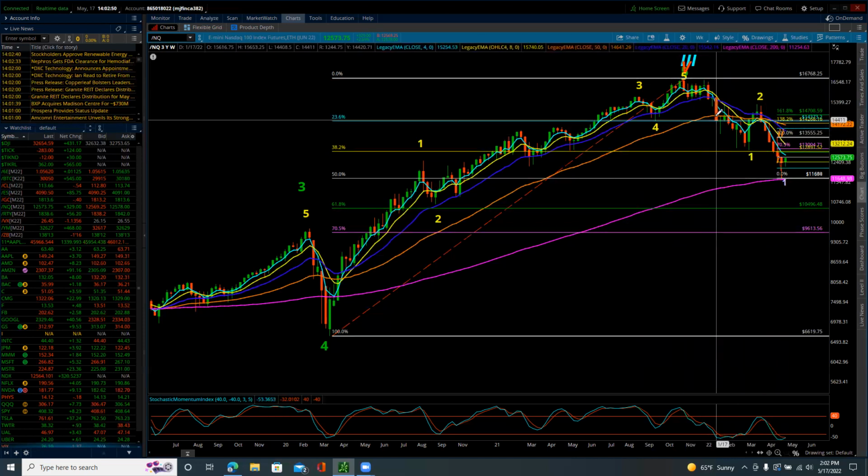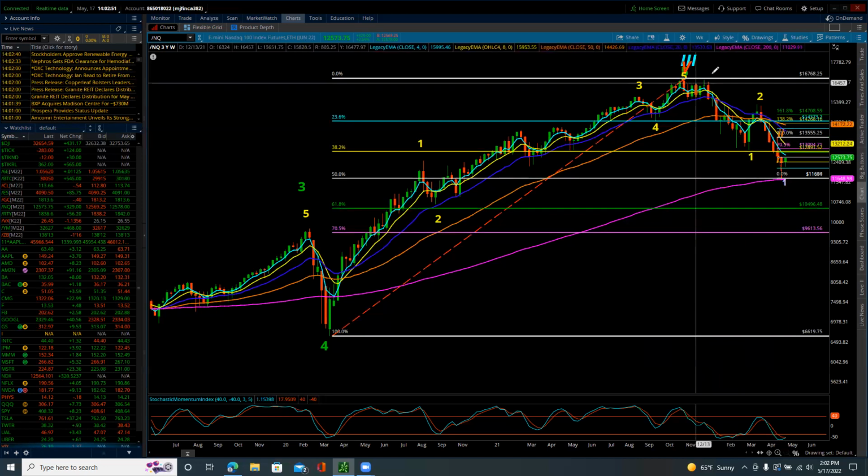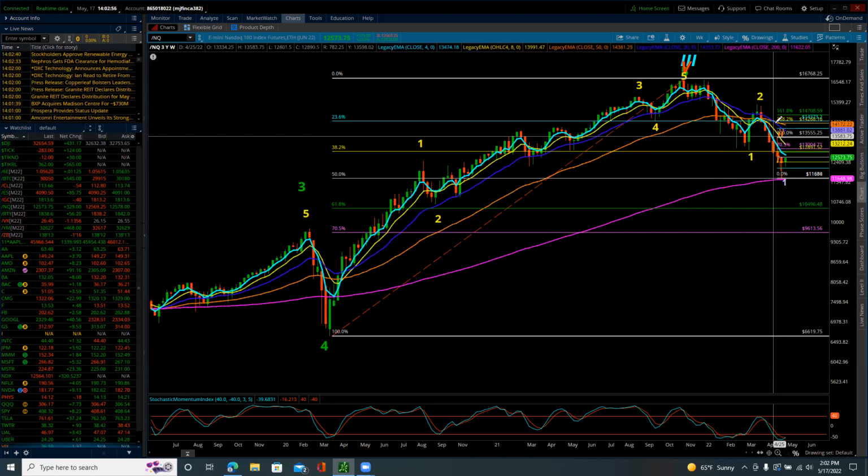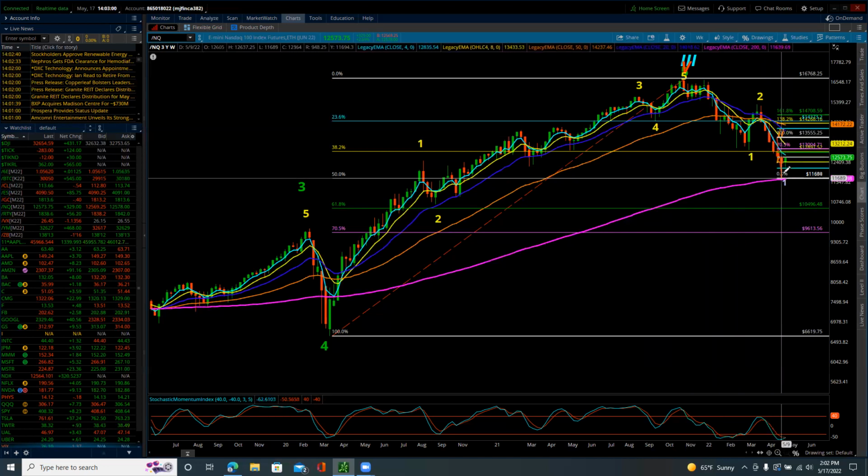So it was the 200 and then the 50, and these were all above. Now the 20 finally crossed the 50, and that happened last week. Then, last Thursday's lows, no, the 9th, on May the 9th, the market came down, and that's where it actually put its low in for this minute first wave down, and that's 11,689.